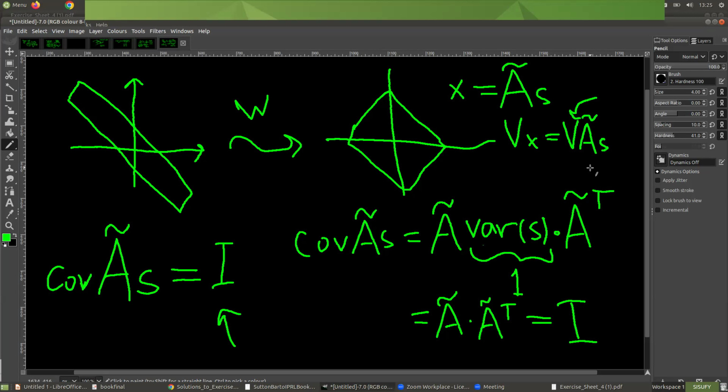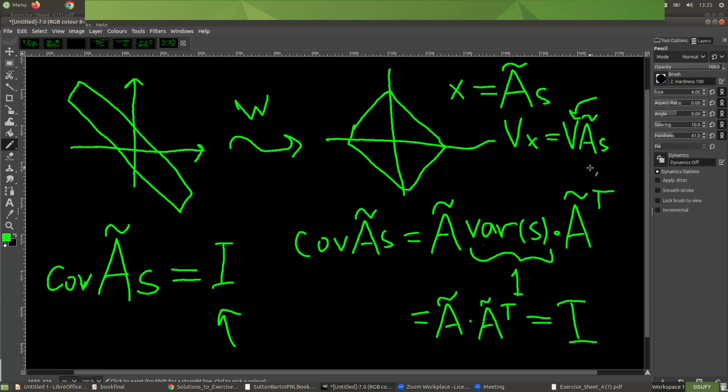And that's why I know that the matrix that I'm searching for is also orthogonal. And that is very useful because now the space of matrices you're looking for is much smaller than before. Like if before you were looking for any matrix, now you're looking for an orthogonal matrix.